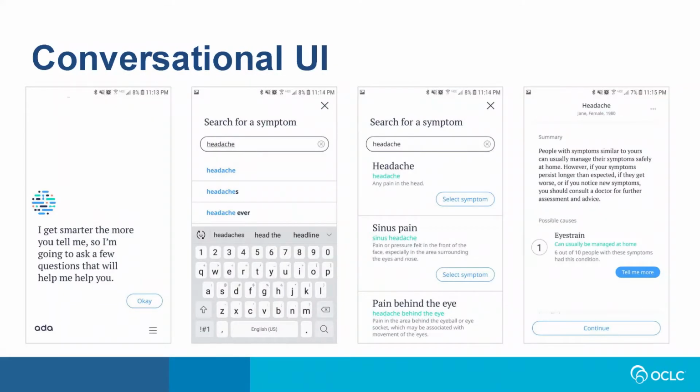And finally, conversational UI is essentially artificial intelligence, often powered by chatbots. It's used across different industries. Facebook has chatbots that act in more of a customer service aspect. This one is Ada, which is a health app. What Ada does is it helps you determine next steps with your healthcare provider.